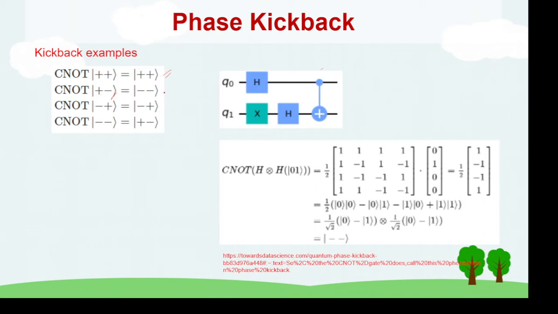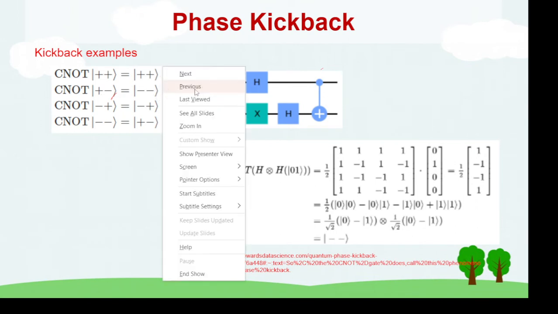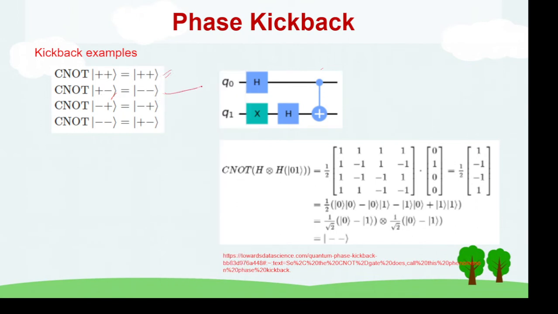Okay, so let's see some mathematics for plus minus. We'll start with 0, 1. So this will become plus, and this will become minus. Okay, plus minus. And when we add a control gate to it, what happens? Both will become minus minus.